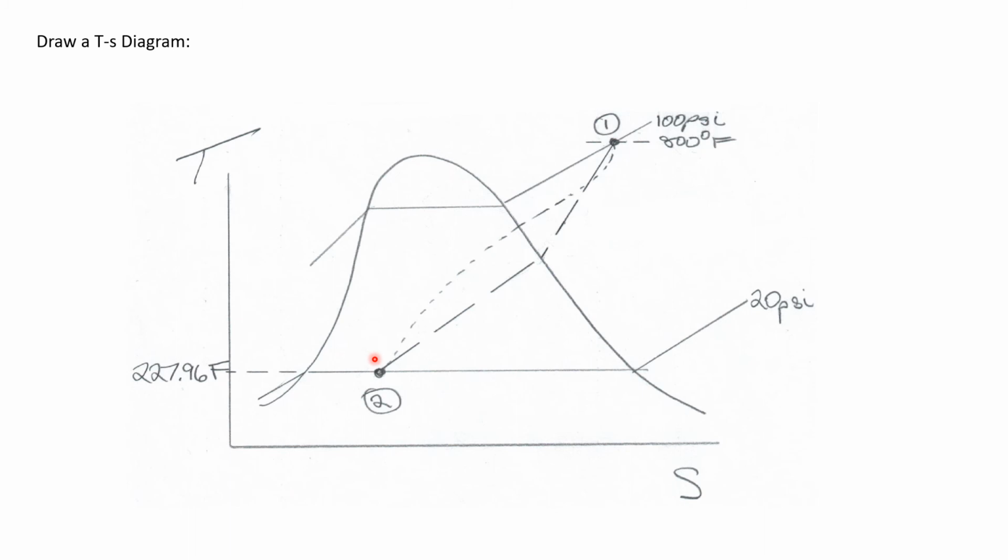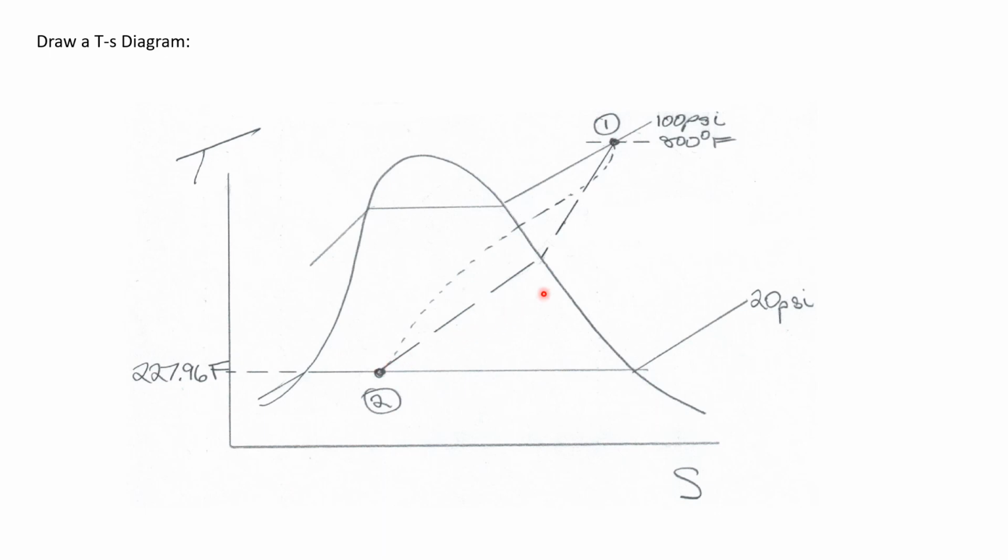And we don't know the path between state 1 and state 2. Normally, I would just draw any dotted line between state 1 and state 2, just to indicate that we got between state 1 and state 2 somehow. We started at one state, we ended up at another state, but we don't know the path that was actually followed during this change.